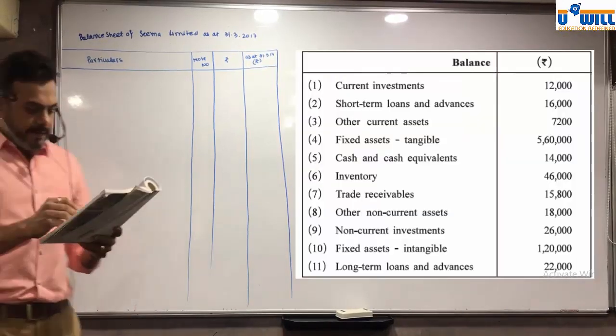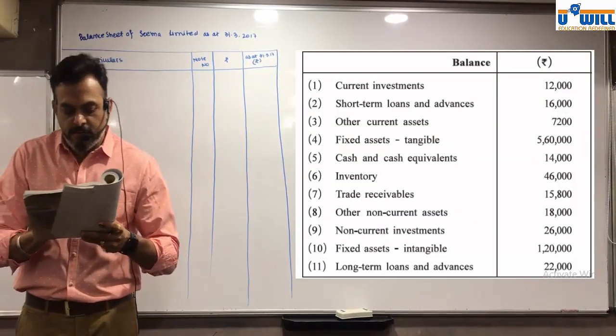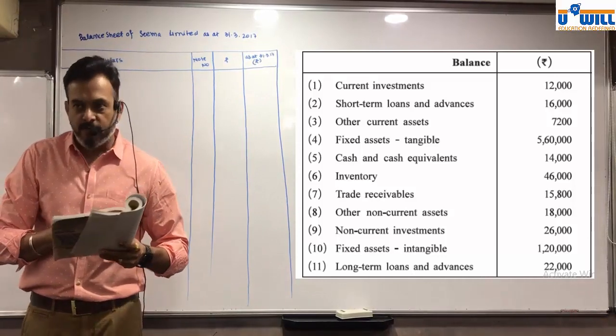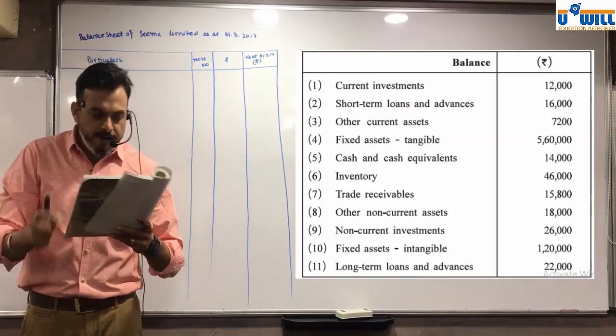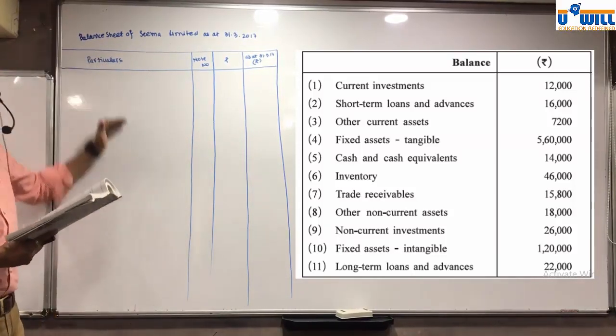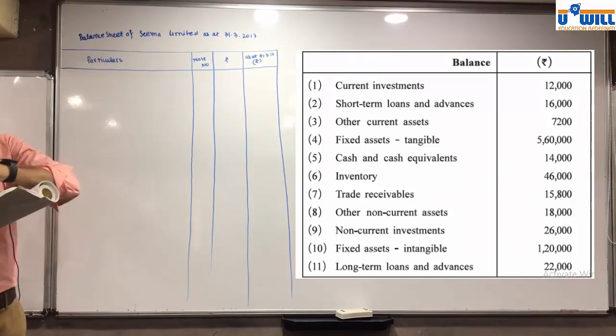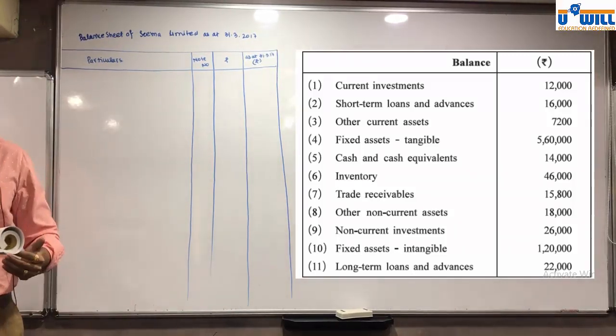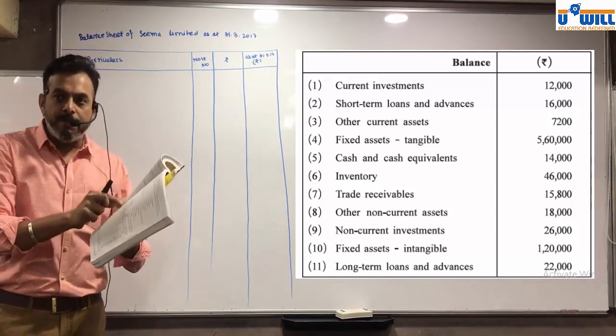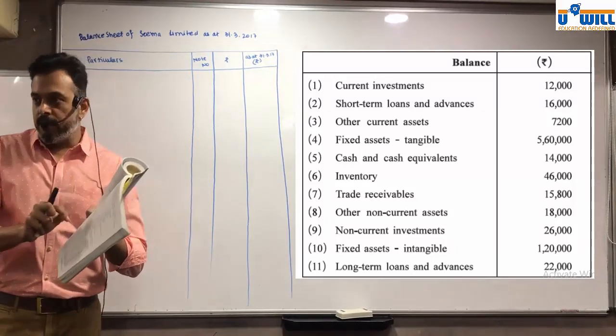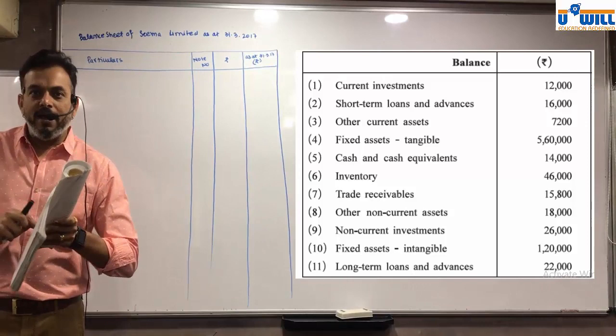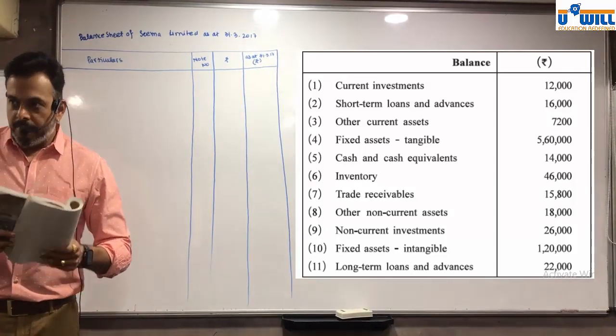Now, as you can see over here, there are various accounts given, balances given. What we will do is, we'll start writing the format and we'll keep selecting the amounts from here. The amount you select from here, keep ticking it, so that you know whether anything has been left out. Okay?